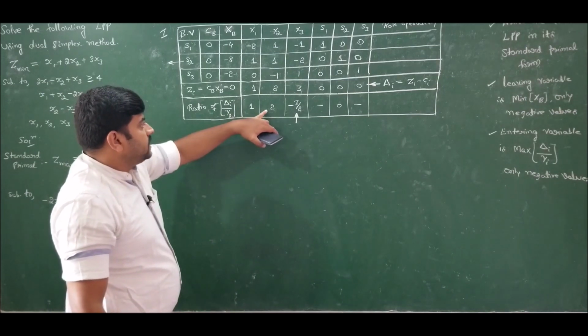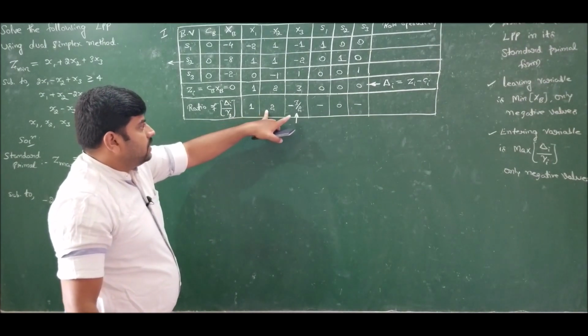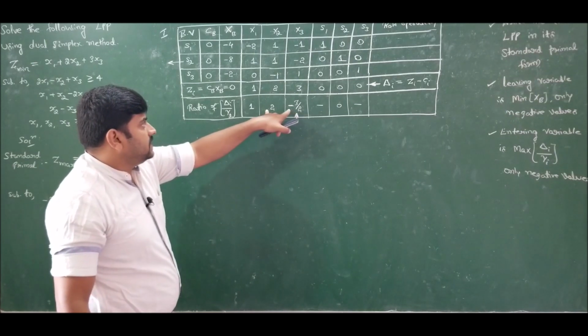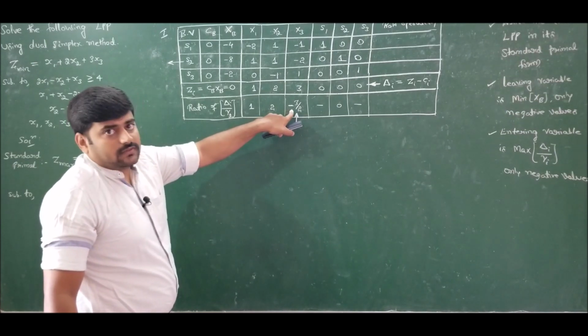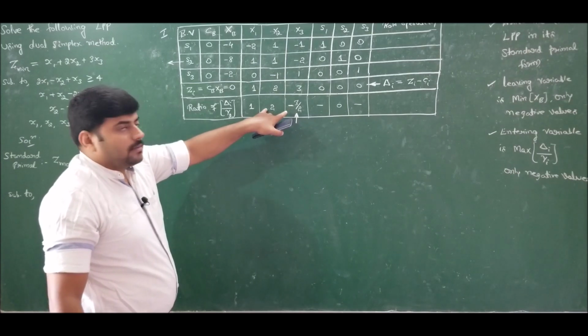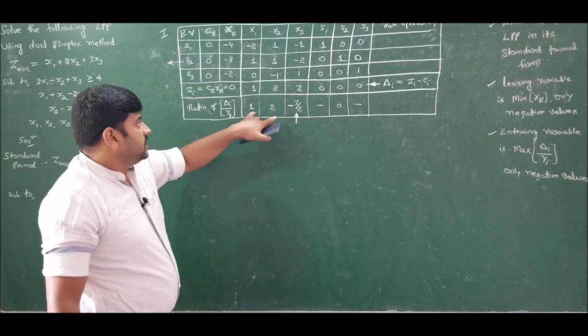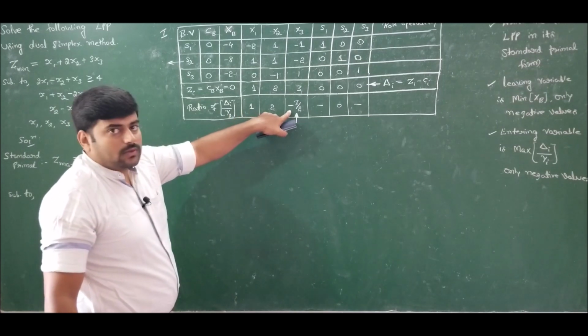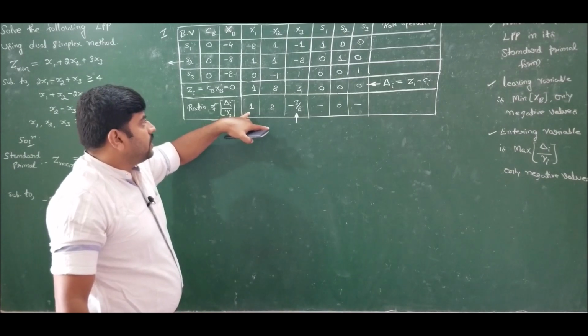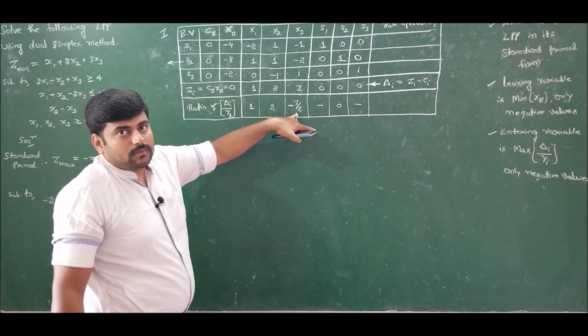If I have 2 here, then I should go for this. This is -1.5, this is -2. Again I should go for this itself, because -1.5 is greater than -2. If I would have -1, -2, -1.5, then I will go for this one, because -1 is maximum compared to -1, -2, -1.5.